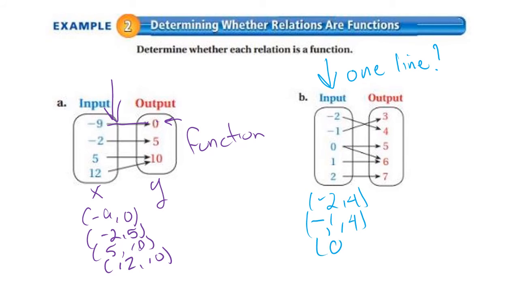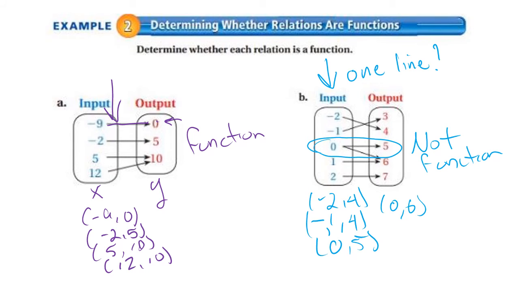We have 0, 5, but we also have 0, 6. And this is the part that tells us this cannot be a function. The reason is, if I have a function, I cannot have two x values or two inputs that give me different outputs. So this is not a function.